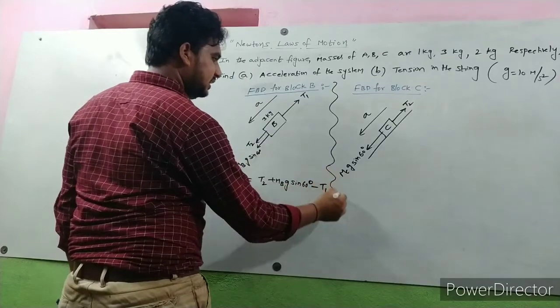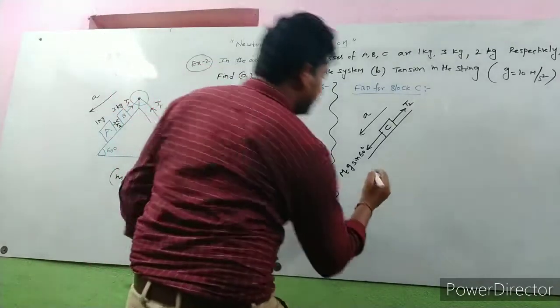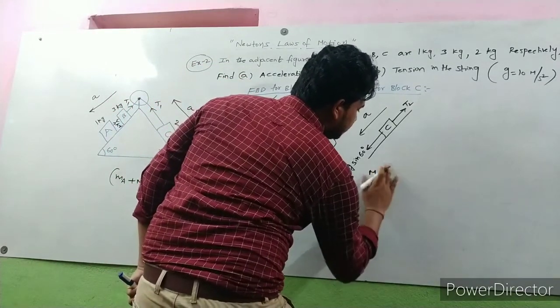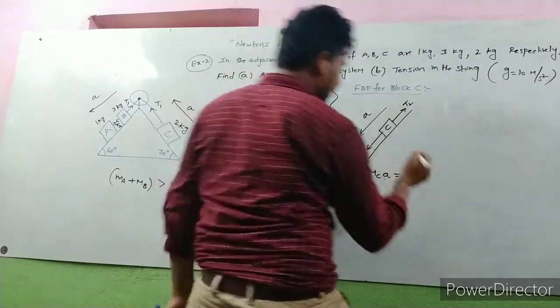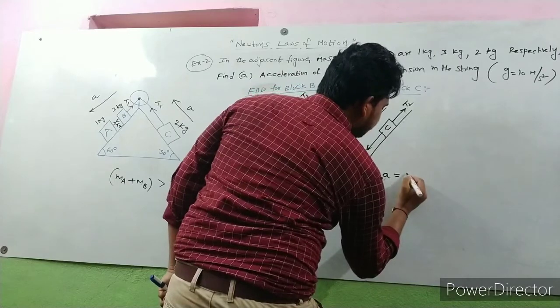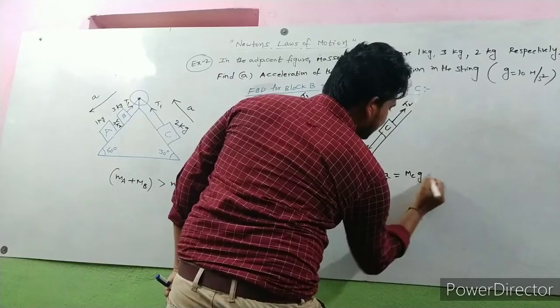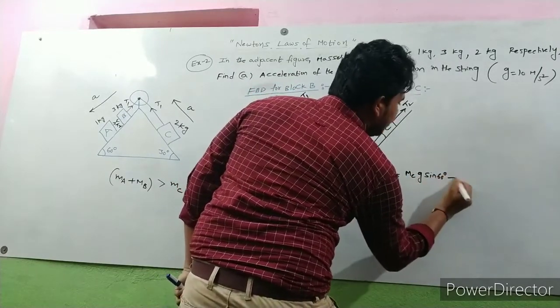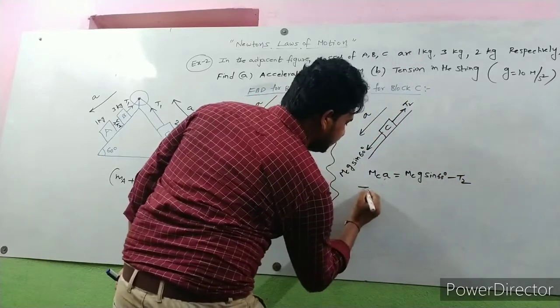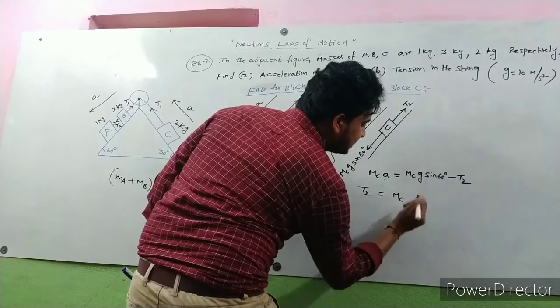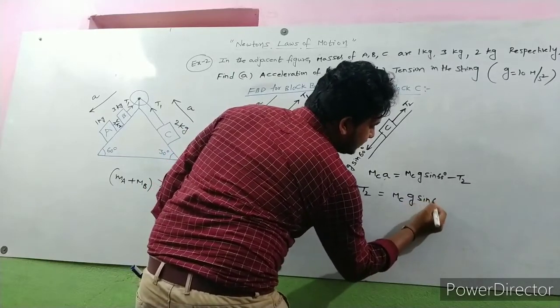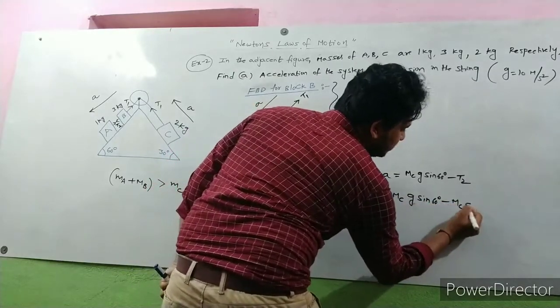And MC into acceleration A is equal to MCg sin 60 minus T2. So T2 is equal to MCg sin 60 degrees minus MC into A.